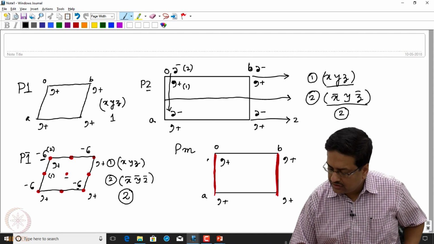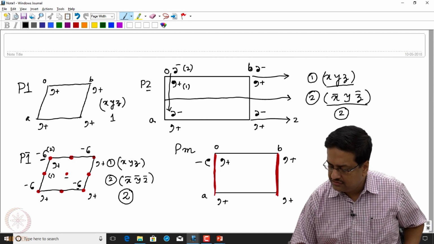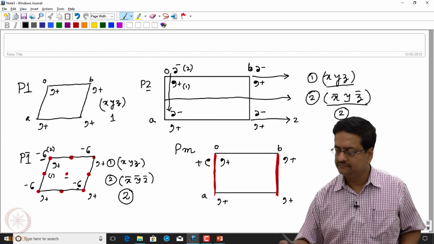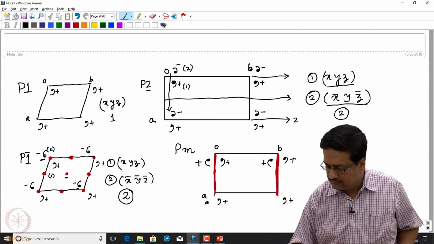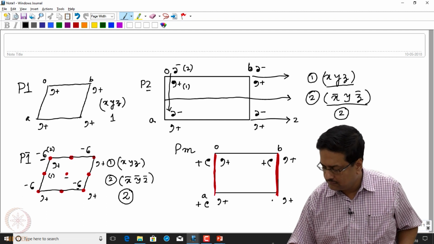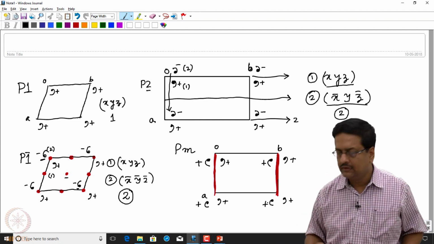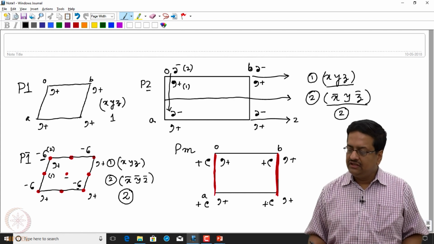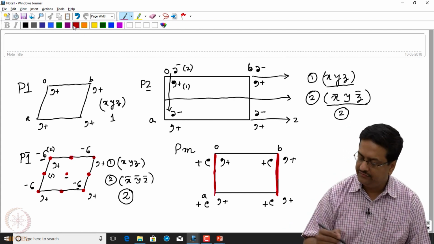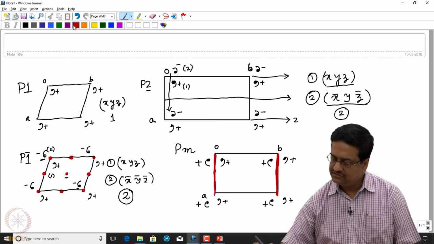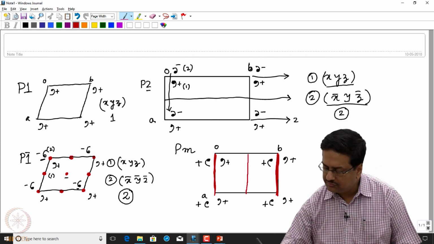So, I am doing a mirror image, but with a plus sign. So, when we look at this representation, what we find is that there is a mirror plane generated through the midpoint of this unit cell.